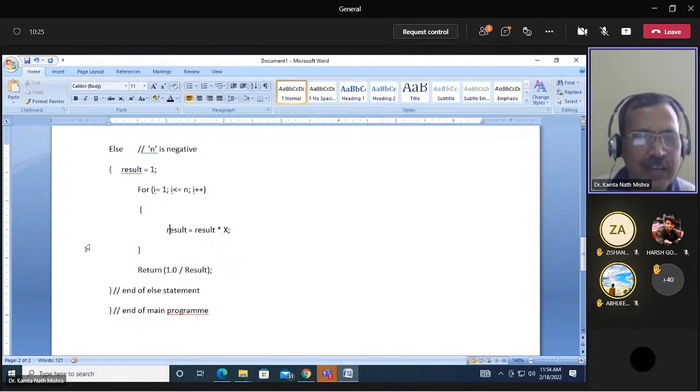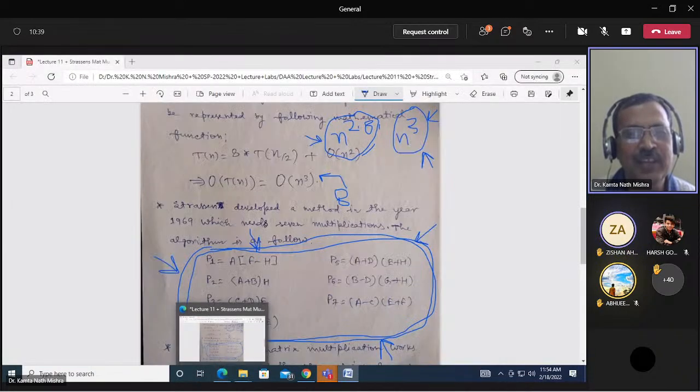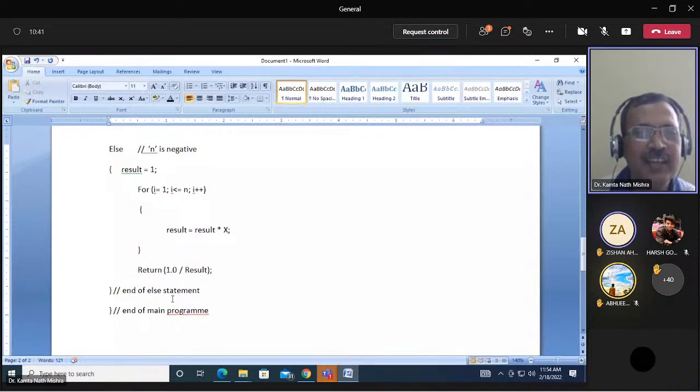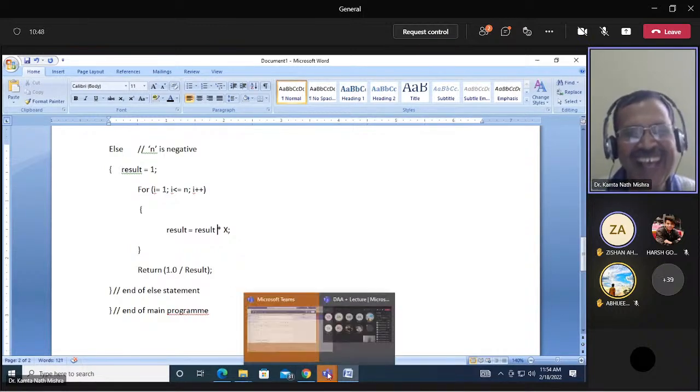Now tell me, what are you saying? Sir, inside the for loop, instead of multiplying, we can divide. Yes, Jishan Ahmad told that. Sir, you have divided in the result return part.